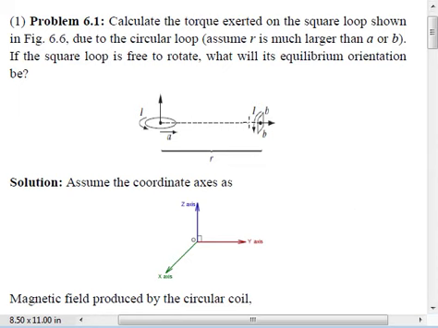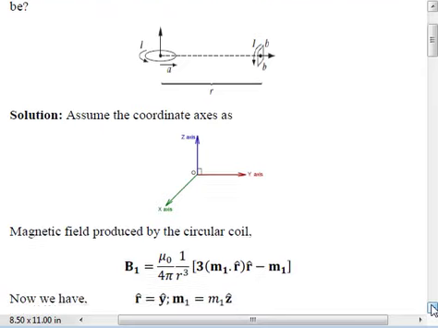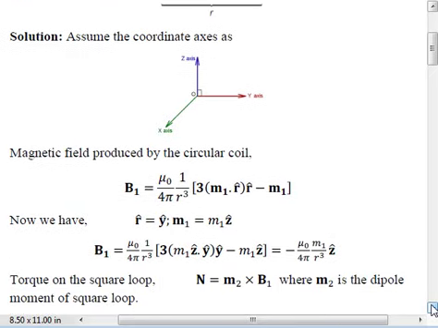To find the torque experienced by the square loop, the torque is given by m cross B, where m is m2, the dipole moment of the square loop, and B is the magnetic field produced by the circular loop at the position of the square loop, which we call B1.